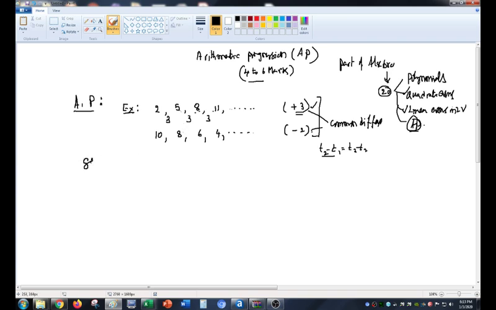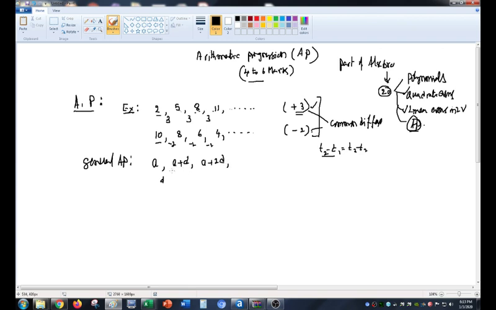So in the general arithmetic progression, we usually take A as the first term. Here 2 is the first term, 10 is the first term, and here A is the first term. And here the fixed number is minus 2, minus 2, minus 2. So here let us call the fixed number D. Then the second term will be A plus D. The third term will be A plus 2D.